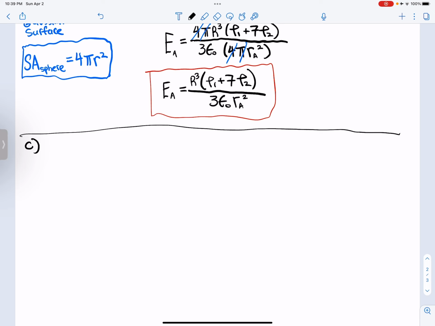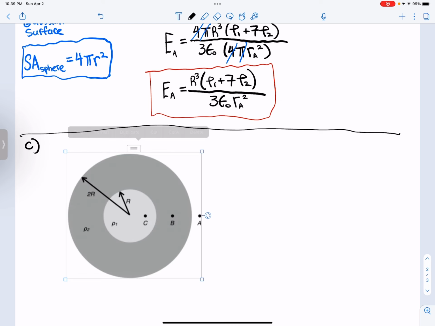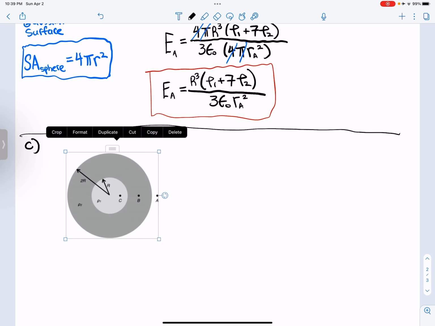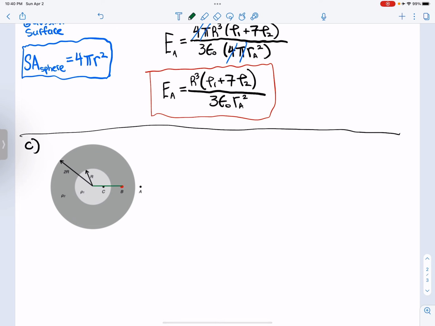So let's look at what that looks like. Point B that we want is right here. We want to find the electric field at point B, right? And they said that this is a distance of RB from the center of the ball.